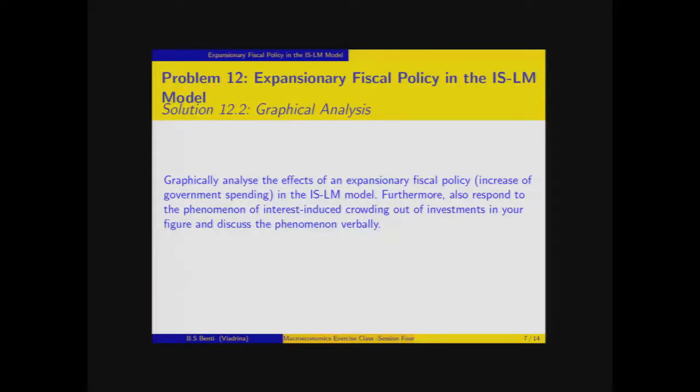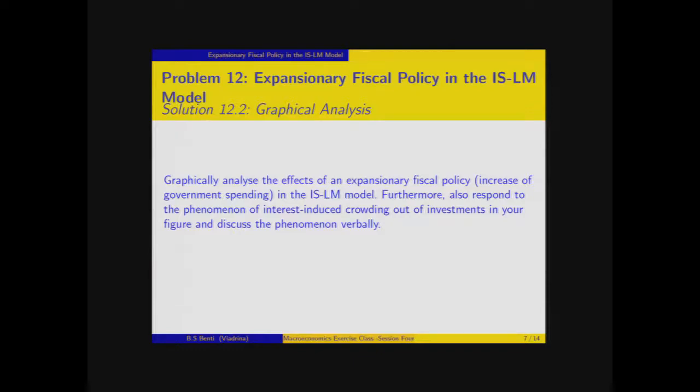The second part of this exercise is to graphically analyze the effect of an expansionary fiscal policy, which is represented in this case by increasing government expenditure, or it can also be represented by the decrease in tax in the IS-LM model.